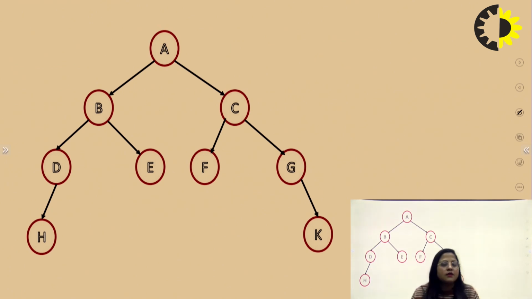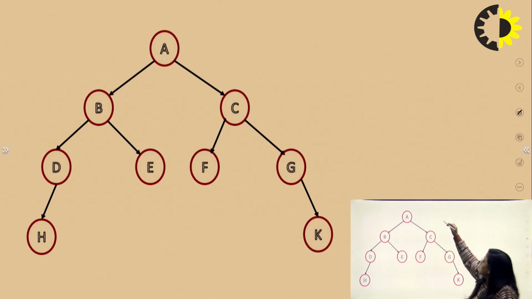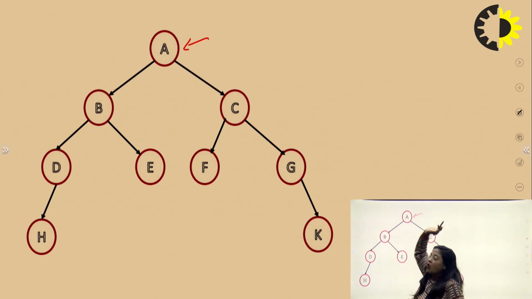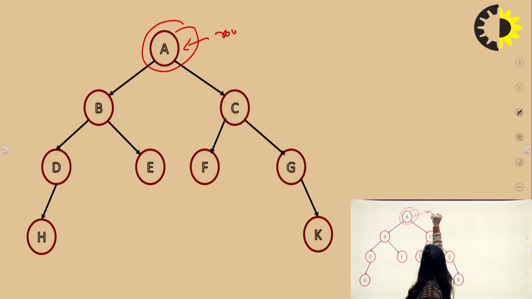Now this is the diagram of a tree, and I will tell you all the terminology used in this tree. This is the first element of the tree, called the root node.